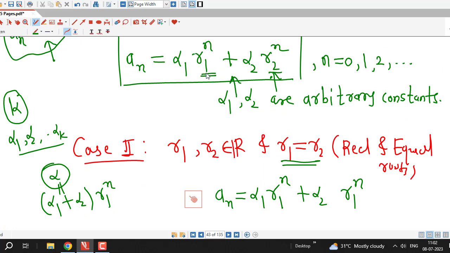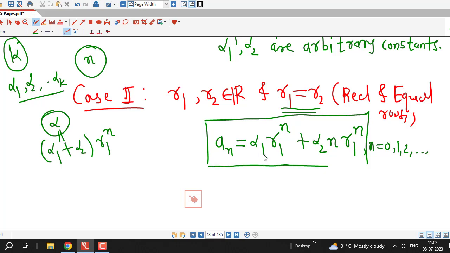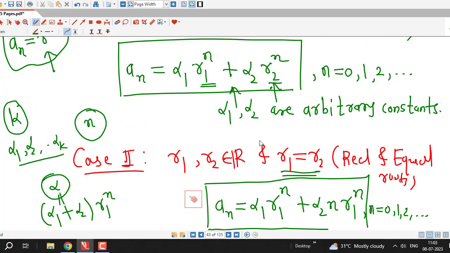To make these two functions independent, I have to multiply by n at any one place. Either I can multiply r1 raised to n here by n or here by n. So here I am taking multiplication by n, and n can take the values 0, 1, 2 and so on. So remember this formula. This is the solution in case of real and equal roots of characteristic equation.